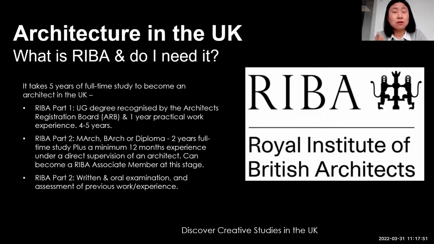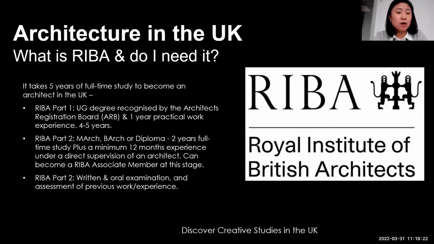So I mentioned earlier, the majority of our architecture students finish their bachelor degree, which is RIBA Part 1, and they went to a surrounding area, which is our architecture school in Kent, and then they went to London to do a lot of experience. They work in the industry, and then once they complete this minimum 12-month experience, they come back, or they carry on to study RIBA Part 2 in different institutions in London as well.